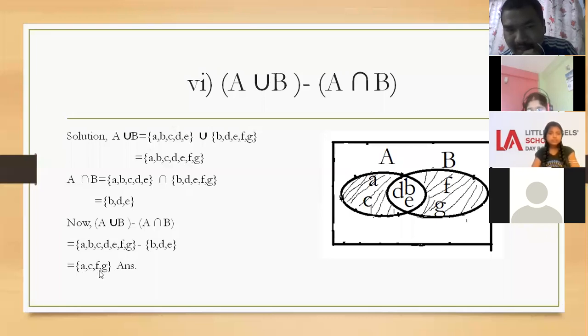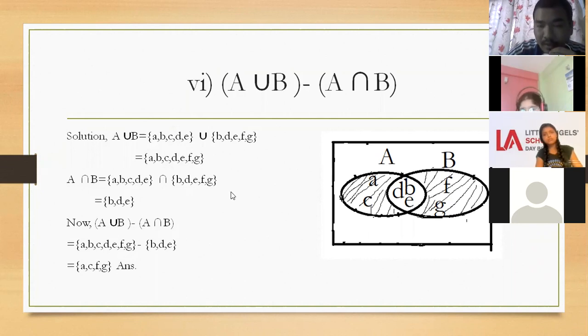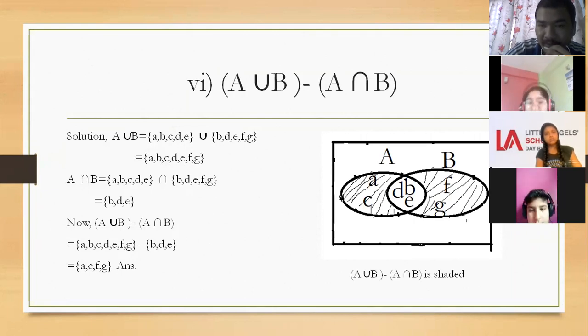The answer will be A, C, F, G. Then we have to shade A, C, F, G only here. Are you clear about it, Eugene? A union B minus A intersection B is stated. Okay?